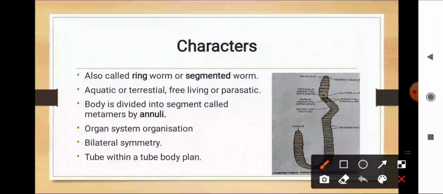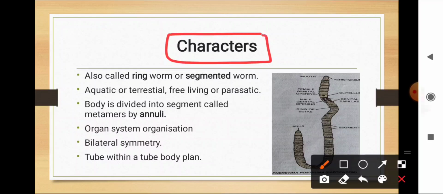So the first character that the phylum Annelida possesses is that many of the animals included in this phylum are ringworms. They are in the shape of a ring.